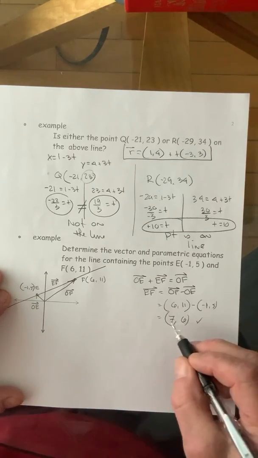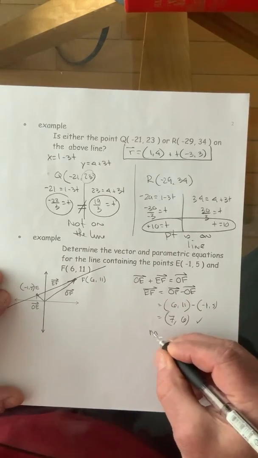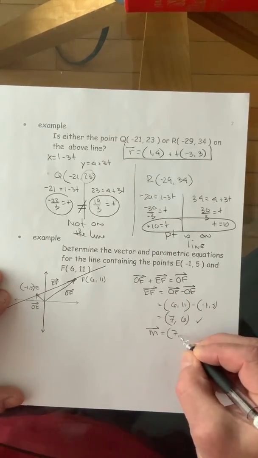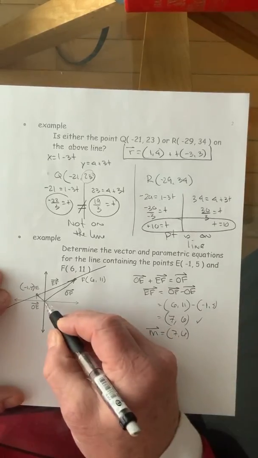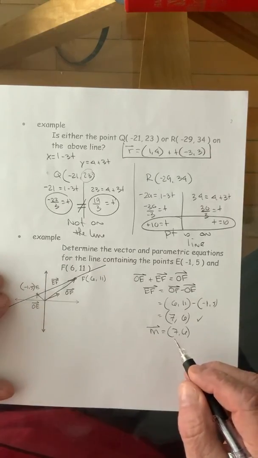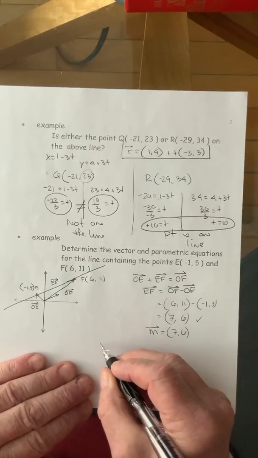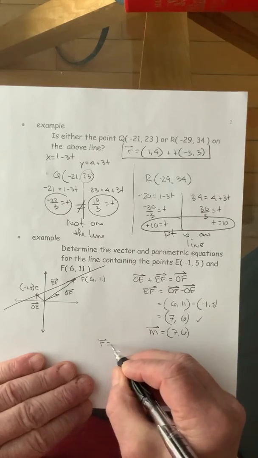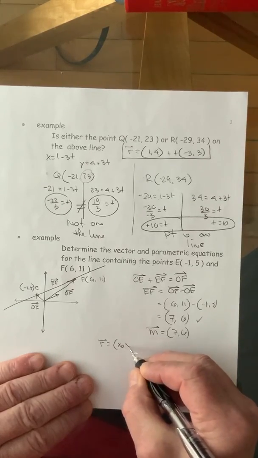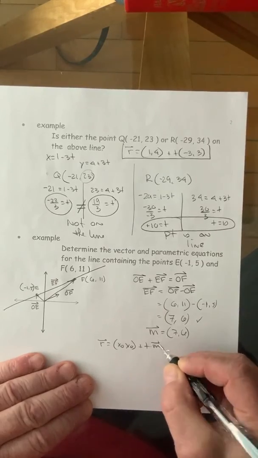Now, this is the components of that vector. So this is the same thing as saying this. This could be a position vector. All right. Now, a vector equation, xo, yo plus t, m.